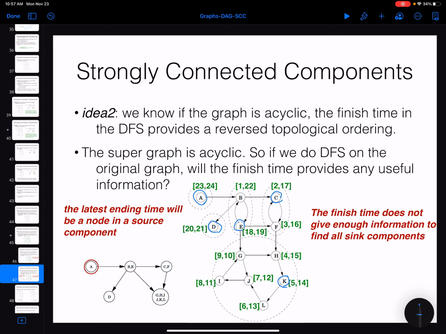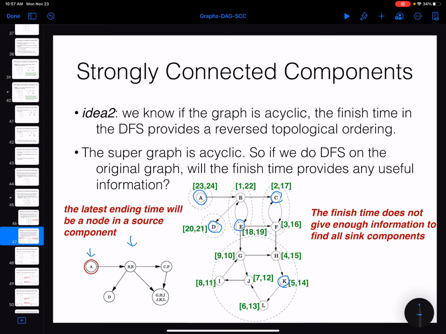If you think about the supergraph, definitely the finish time of A is going to be the largest among all of them, because this is going to be the first node in the topological ordering of the supernodes. Okay, so I think it is clear that the latest finish time of any DFS that you run will belong to a node, a part of a supernode.